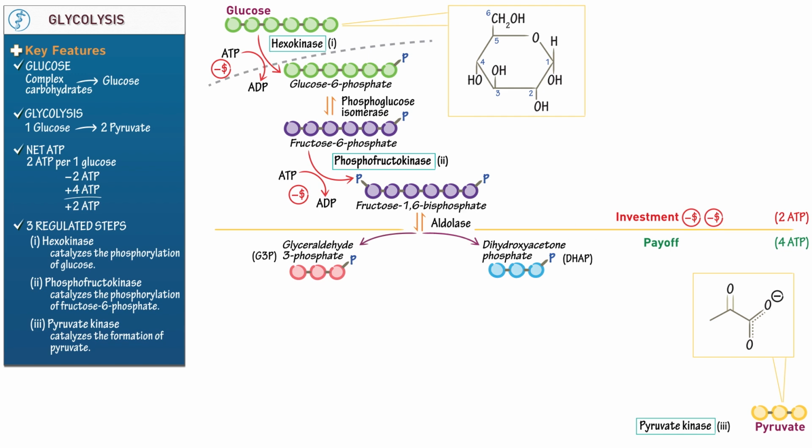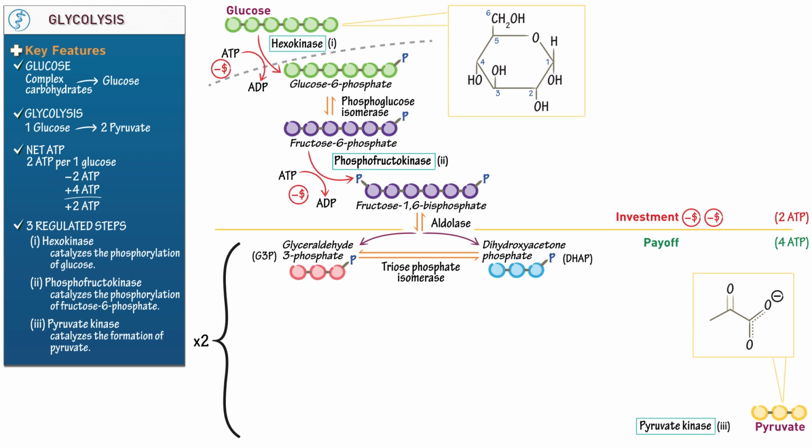Also use a reversible arrow to show that G3P and DHAP can be interconverted by triose phosphate isomerase. Because of this, everything from this point is doubled. To remember this, draw a bracket next to the space between G3P and pyruvate and write ×2 next to it.